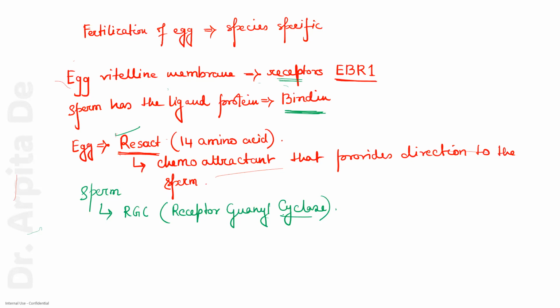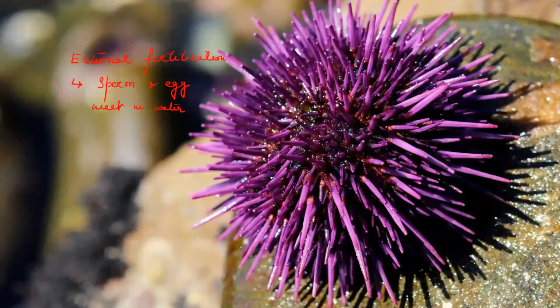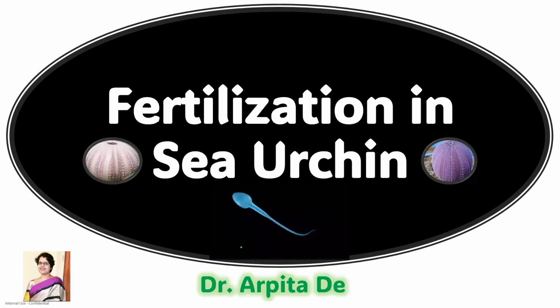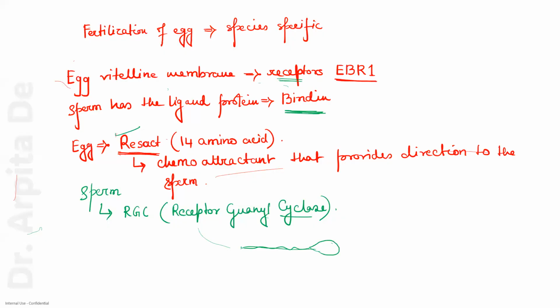Now, what will happen? An acrosomal process will be formed and bindin gets expressed all along it, a structure like this. You know, the sperm is somewhat like this, right? You have seen here, no? This is how the sperm looks like.